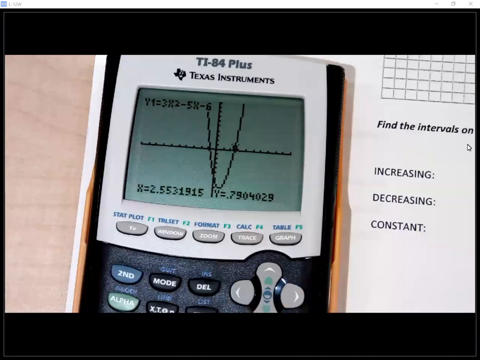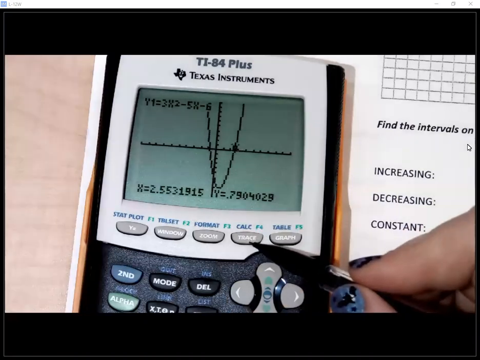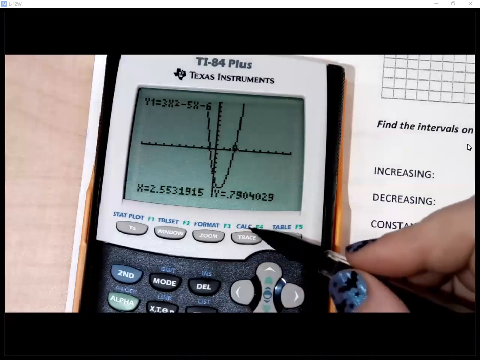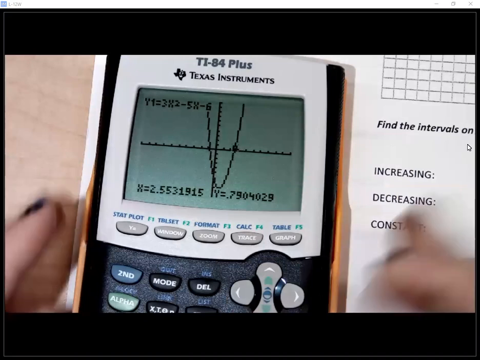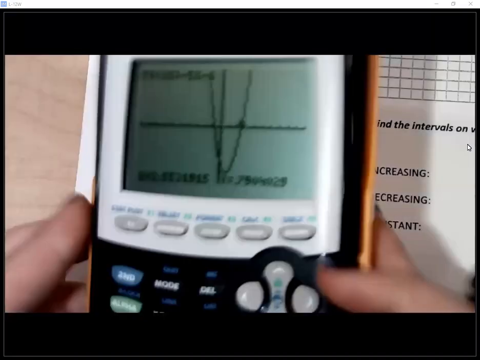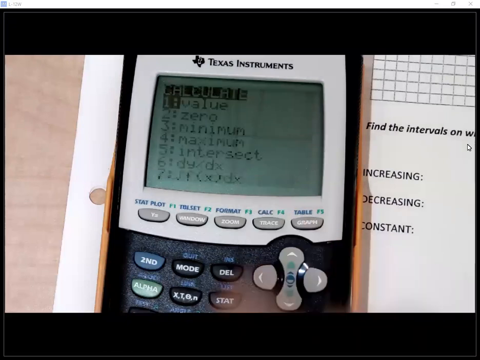Do you see above the trace key? See how it says calc in blue? If we access the calculate menu, oh boy, this is going to open up a world of options for us. So let's go ahead and hit second and then calc. Oh, look at all these options now.